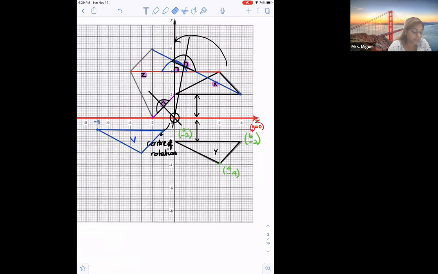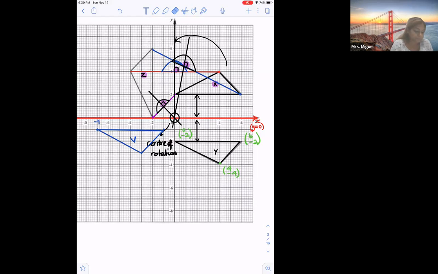So this is X. So if we have a scale factor of a half, it means that it is reducing. The triangle is now going to be reduced, and we have to find the new coordinates of this. So we're going to take that large triangle and make it smaller.